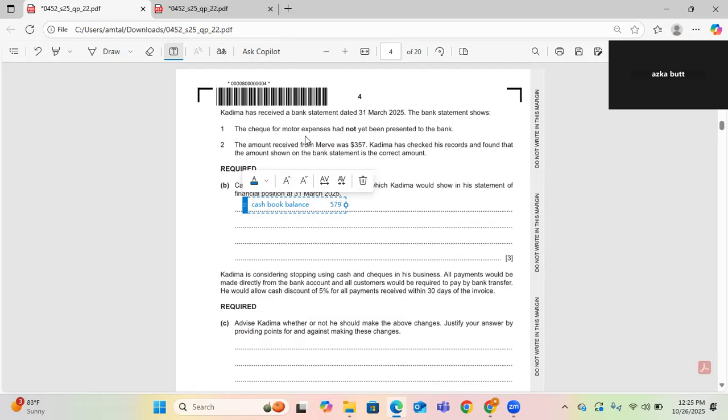And the check for the motor expenses had not yet been presented to the bank. So once again, let's see. The check for motor expenses had not yet been presented to the bank.